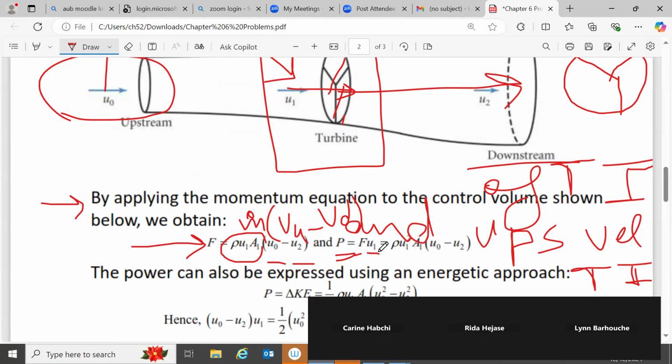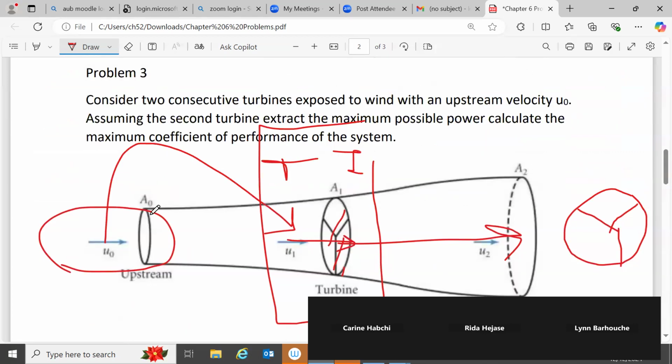And no, U1 is not U0 minus U2. We use U0 minus U2 because you need to consider the velocity upstream minus the velocity downstream, because this is your control volume. Whenever you take a certain control volume and you need to find the force, when you take air as control volume, you get the force of turbine on air.